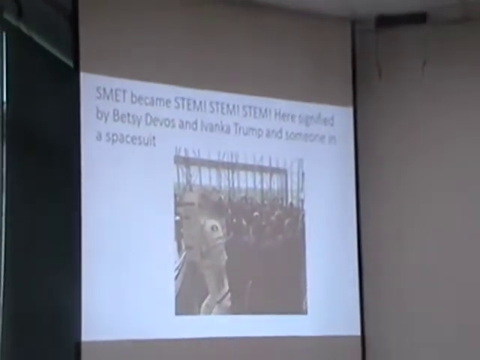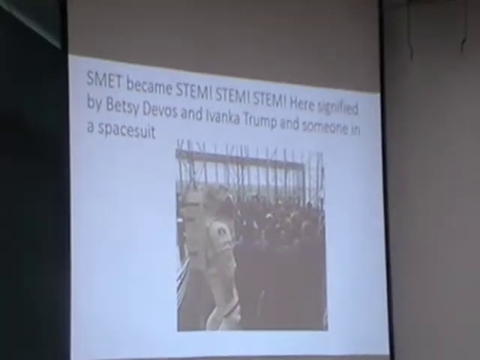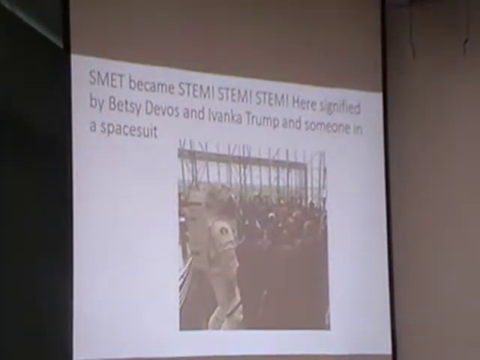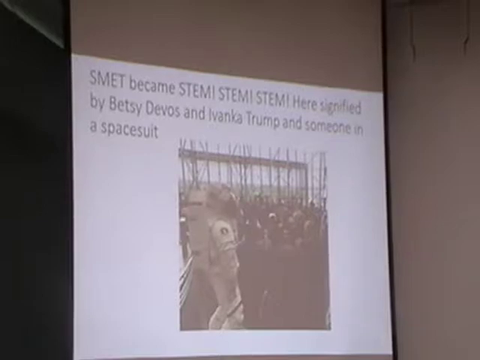You can't really see it, but this is a nice picture of Betsy DeVos and Ivanka Trump and somebody, I don't know if that's Sean Spicer, somebody in a space suit. I mean, you can find images like this all over the place. STEM marketing loves this sort of picture, and sort of curiously, by the way, and I'm going to talk about this a little bit, lots of people love STEM. It seems to sort of cross the political spectrum.